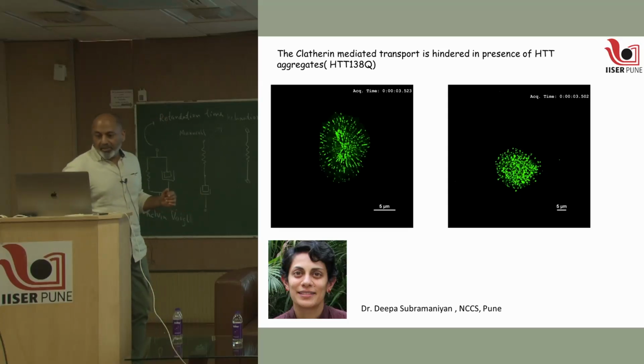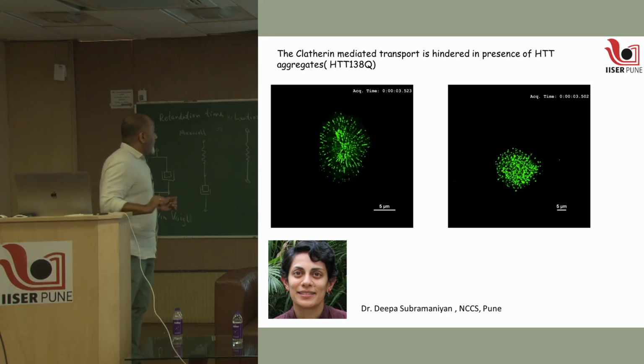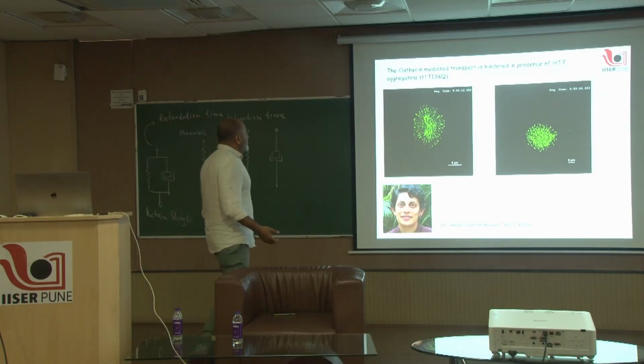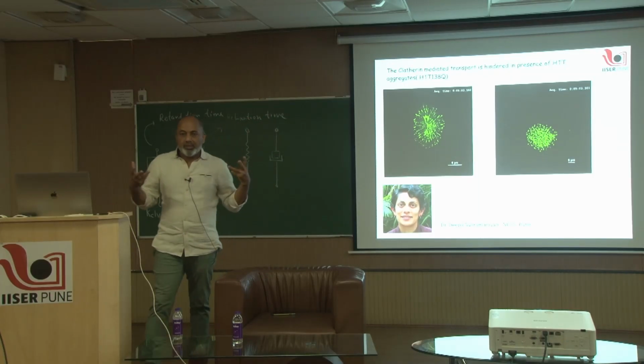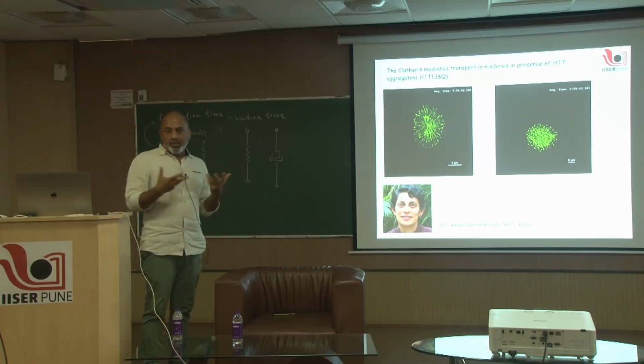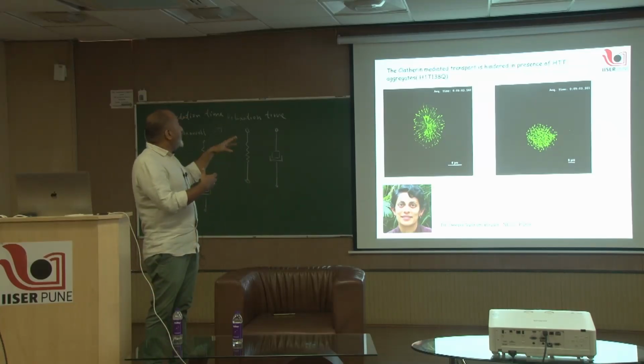Deepa's lab from NCCS had this curious thing, that they were trying to use viscoelastic models of the cell to explain. This is one cell, and this is transport inside a cell done through TIRF microscopy. So, it is basically clathrin-mediated endocytosis, and it is going nicely for a wild type cell.